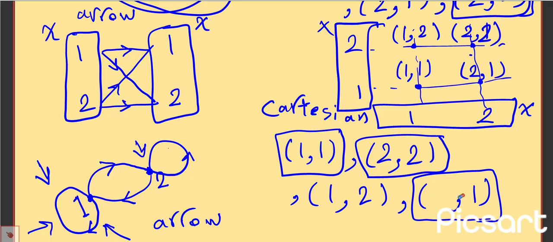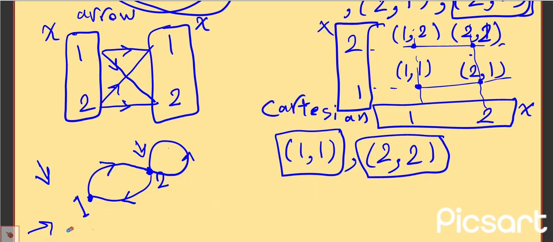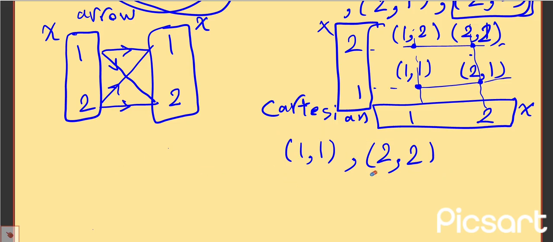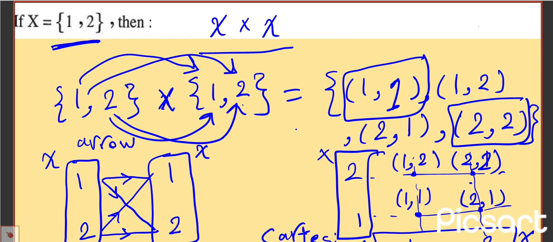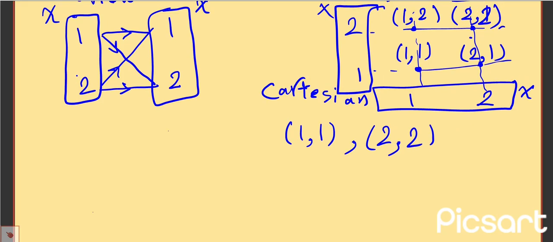Okay, let's draw this arrow diagram one more time, but you will help me. Look at the set. How many elements do we have in this set? Two elements, 1 and 2, right? Okay, just set 2 points.